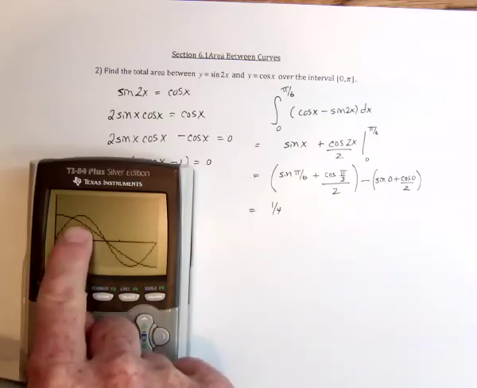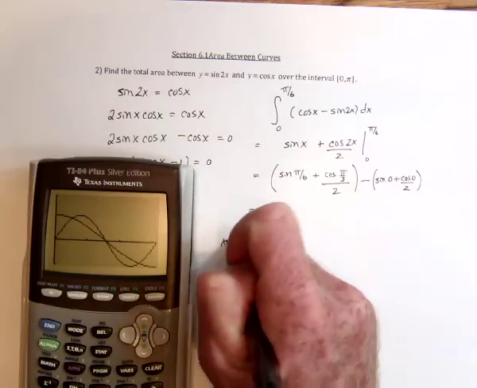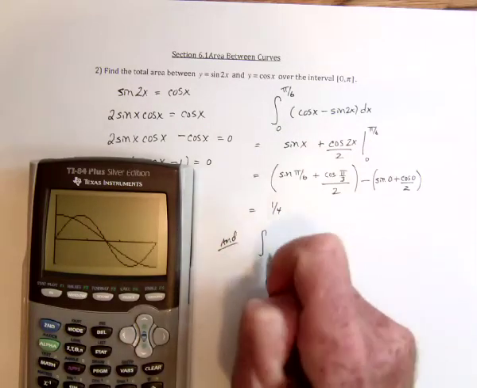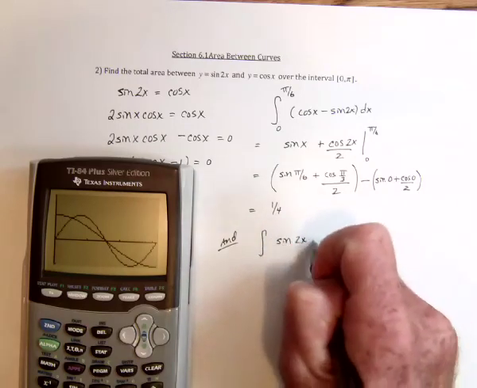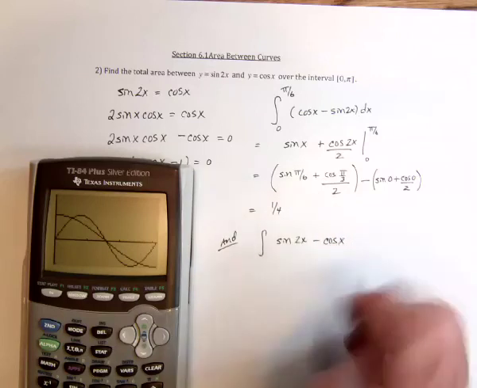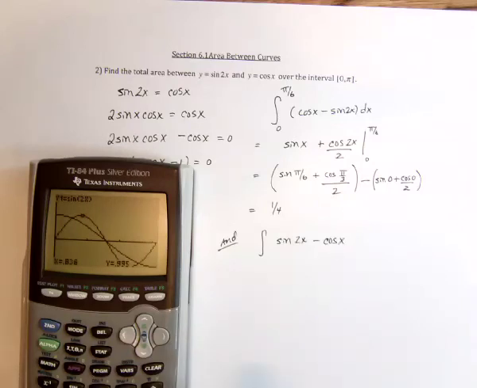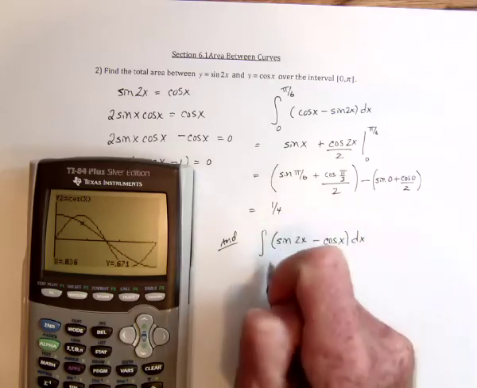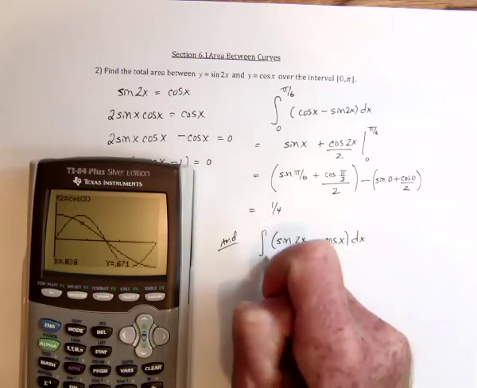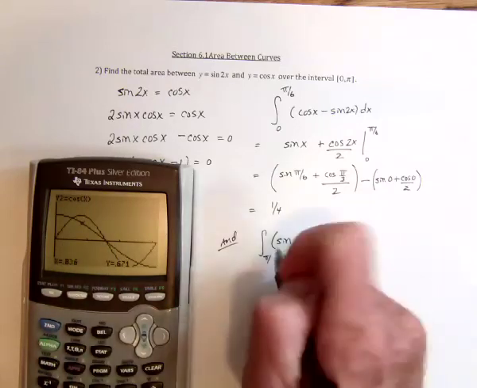Next, we need to find out this area. So that's going to be, switch these two. So it's going to be sine of 2x minus cosine of x. Let me just verify. In here, the top one is sine of 2x, so it's got to be the top one minus the bottom one, with x going from pi over 6, right there's pi over 6, and right there's pi over 2.